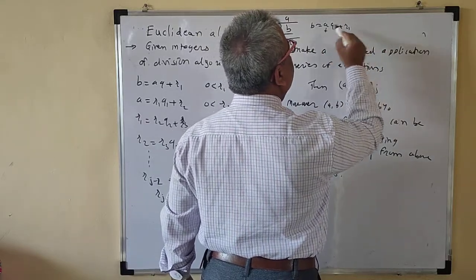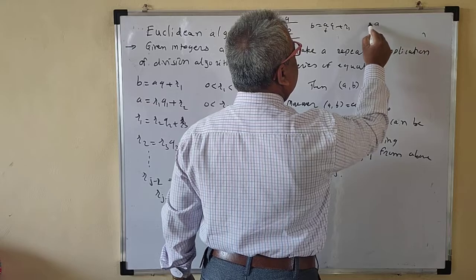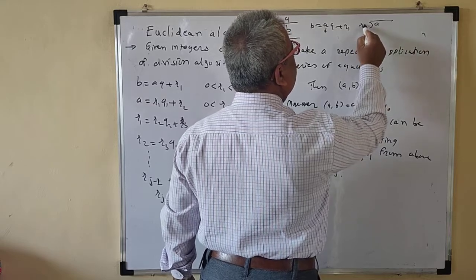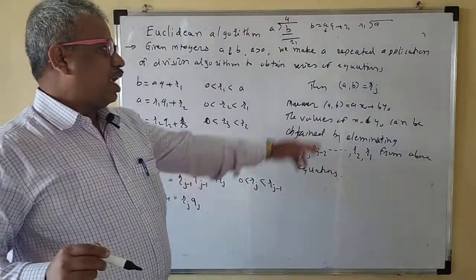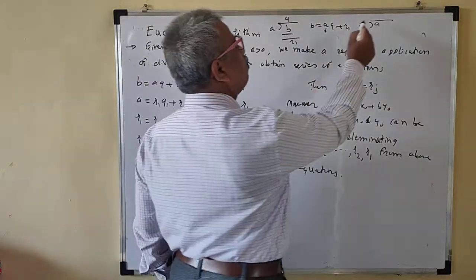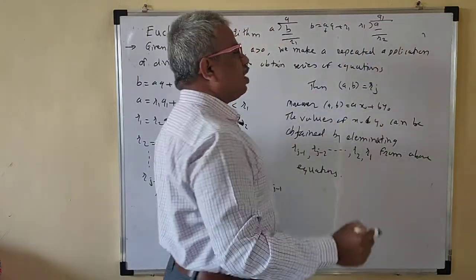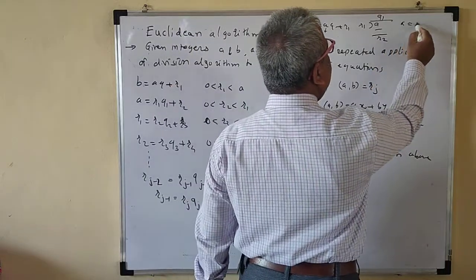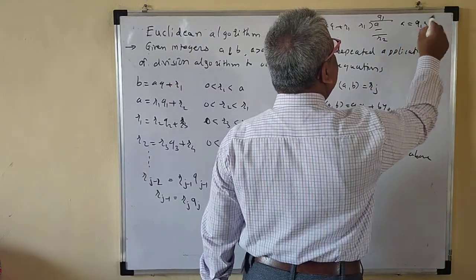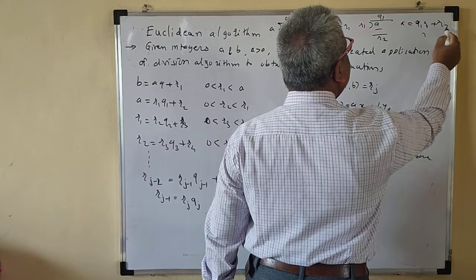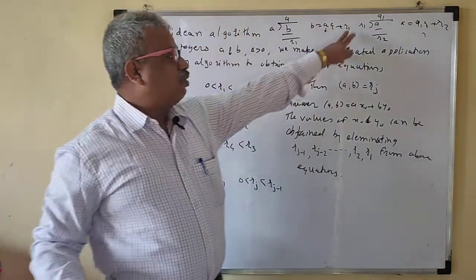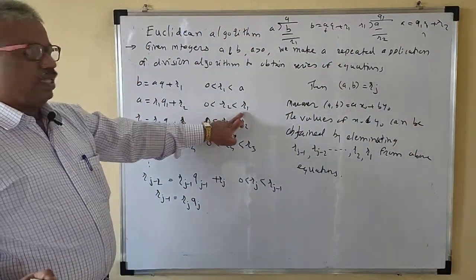A is greater, so you are dividing A by R1. This is your quotient, and this is your remainder R2. So A is equal to Q1R1 plus R2. This R2 is less than R1.